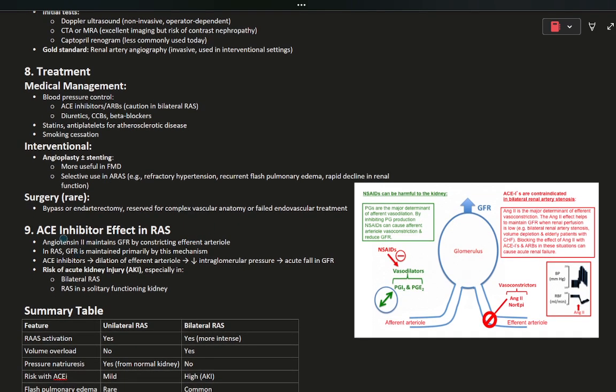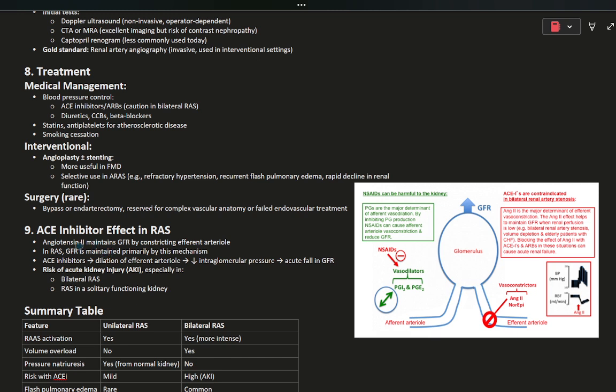And then last but not least, let's talk about why ACE inhibitors are significant in renal artery stenosis. So angiotensin II normally maintains a glomerular filtration rate by constricting the efferent arteriole. In renal artery stenosis, glomerular filtration rate is maintained primarily by this mechanism.